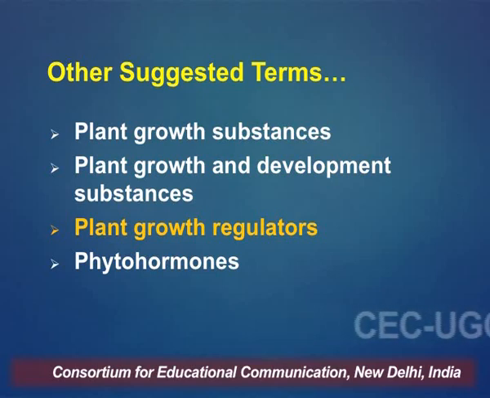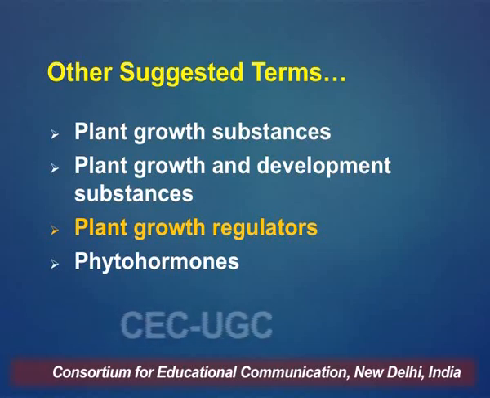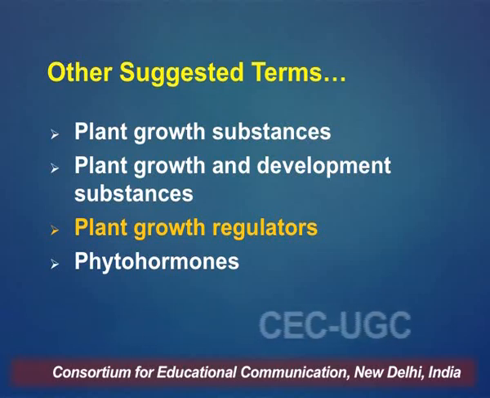Then a new term was given, plant growth and development substances. Again, the vague term substance was used in this term, and moreover plant growth is only one aspect of the development of the plant, because these are substances which can also exhibit an inhibitory effect on plant growth. So this term was also not widely accepted.